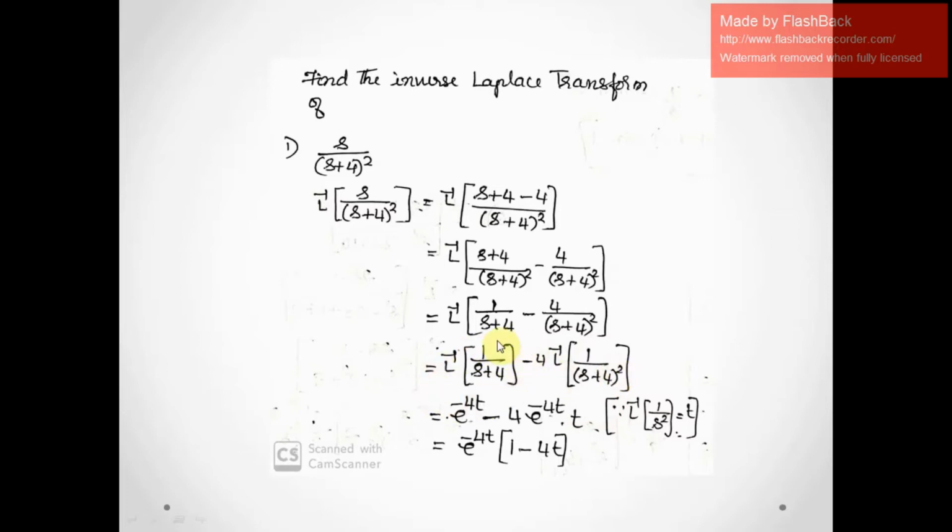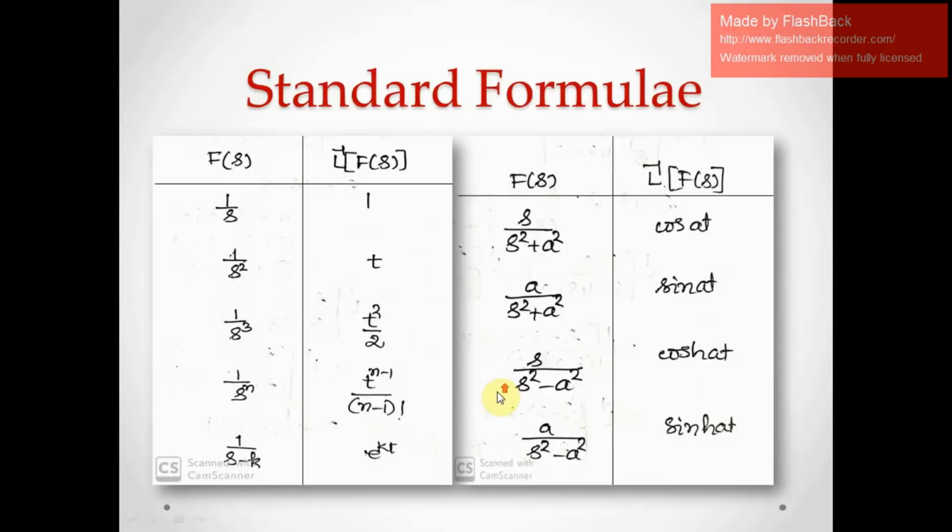Now, which formula to apply? This looks simple. This is of the form 1 by s plus k. If it was 1 by s minus k, then it becomes e power plus kt. If it was 1 by s plus k, then it will become e power minus kt.